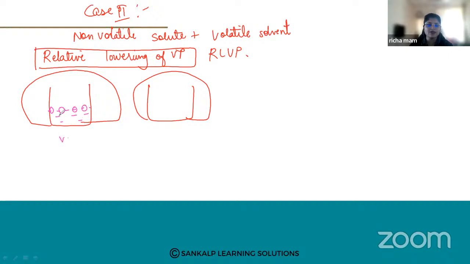As the solvent is volatile in nature, what will happen? Vapors will be produced. The vapor is in pure state, so I have written it as P naught A.